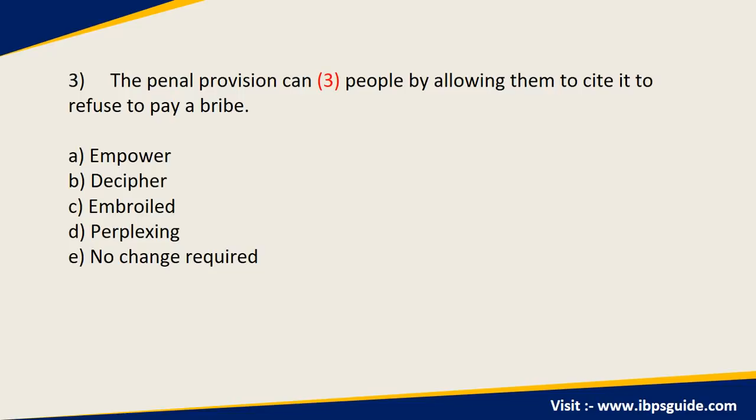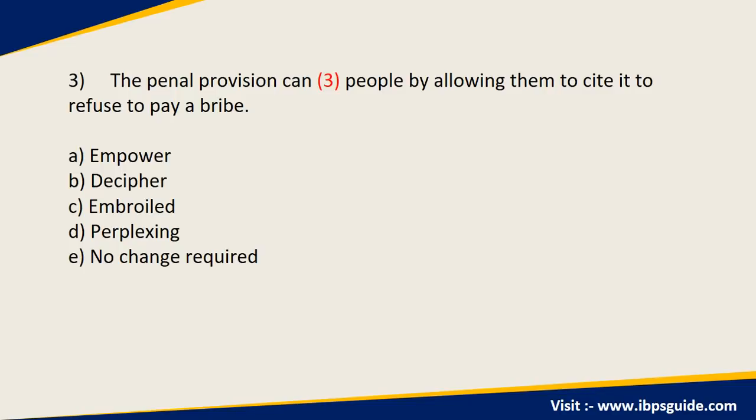Can is always followed by a verb in its first form, and the only thing that can come between these two is an adjective, right? But since there is no verb after the blank, we know that the blank itself has to have the verb and not an adjective. So the two options we're left with are empower and decipher.